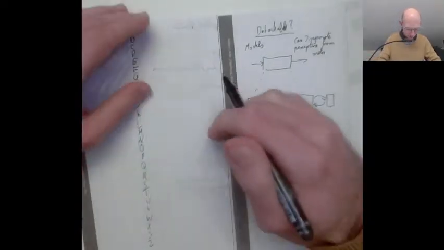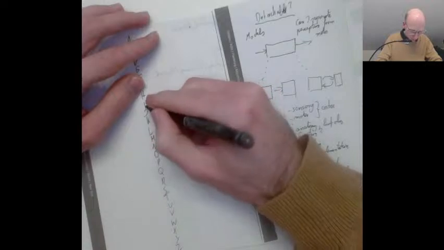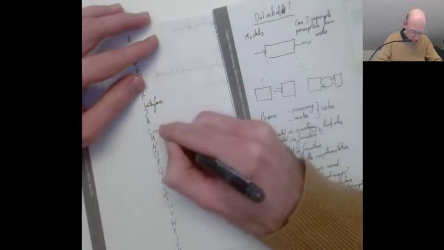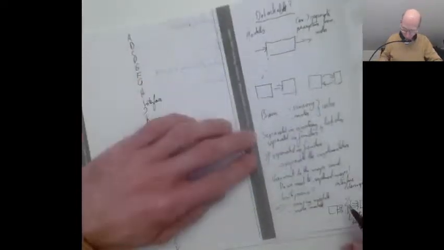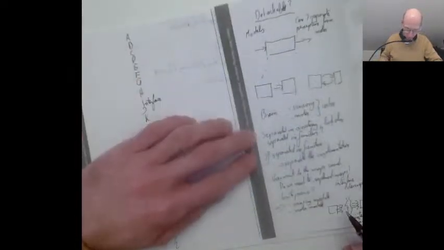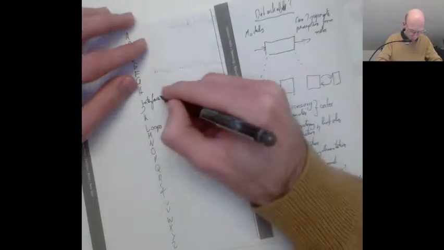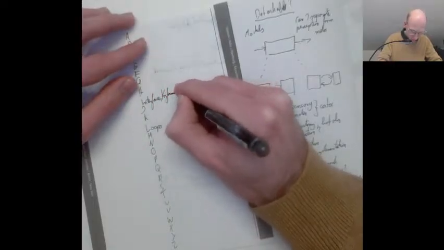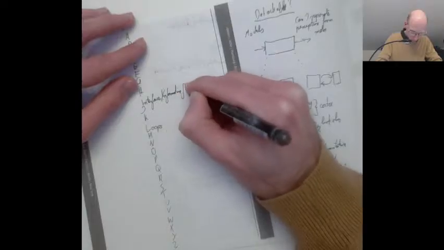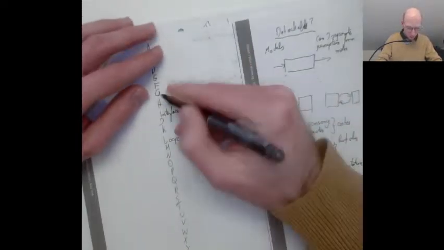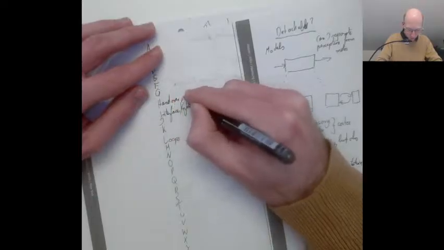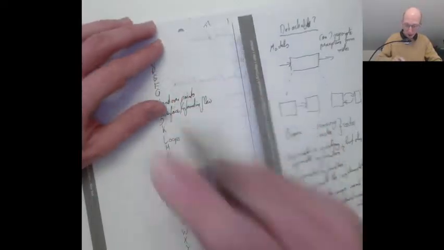Let's go. So we have interface, we have loops, we have information flow, we have handover points. Great.